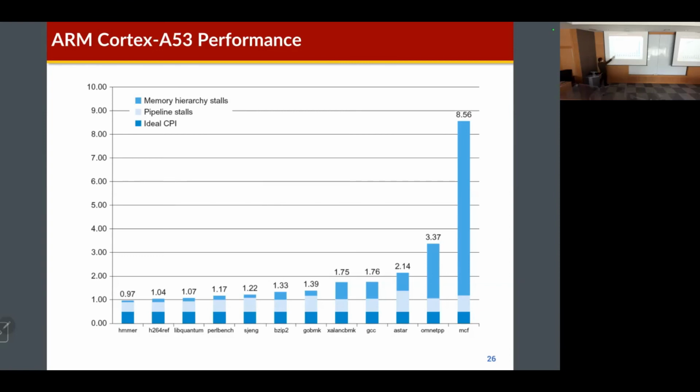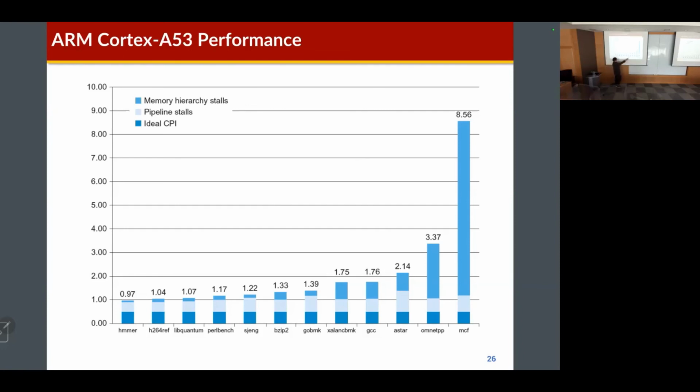So this is the ideal performance, but the performance is nearly 2x slower when you consider the pipeline stalls, like the hazards in a pipeline architecture.